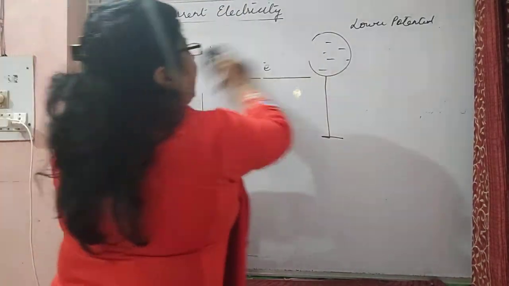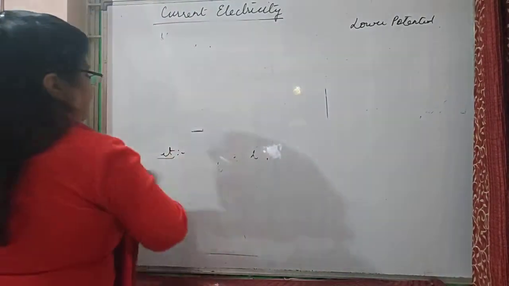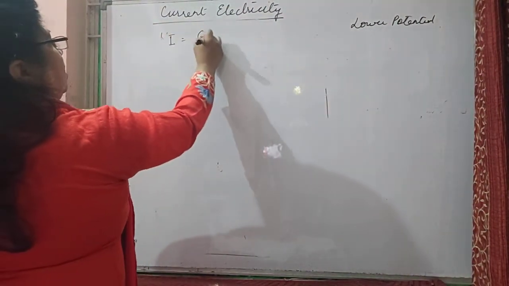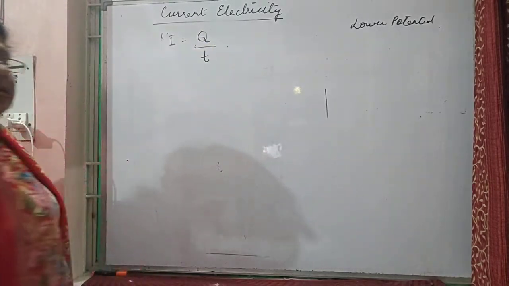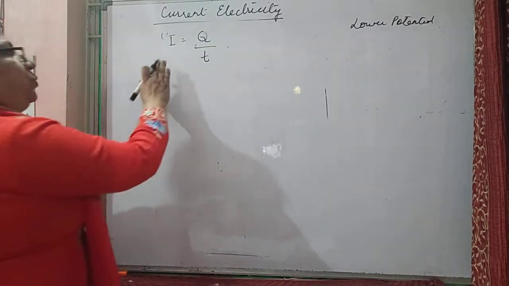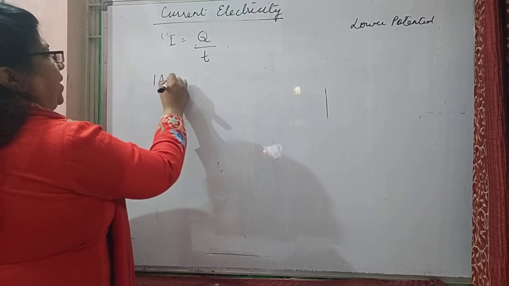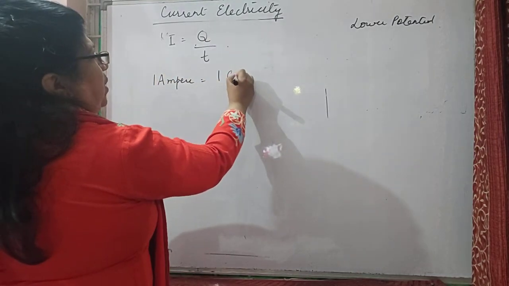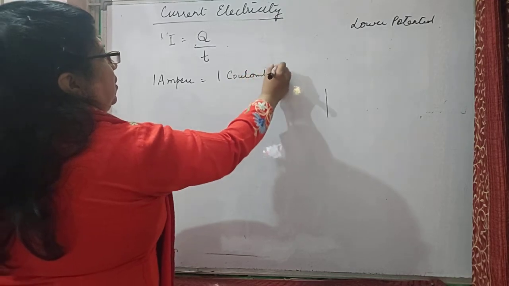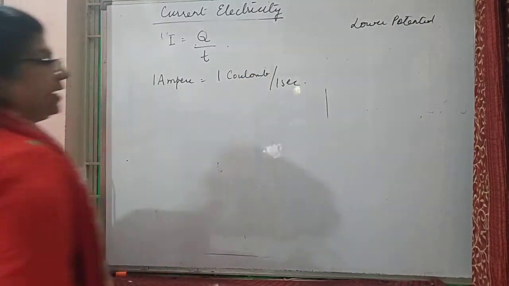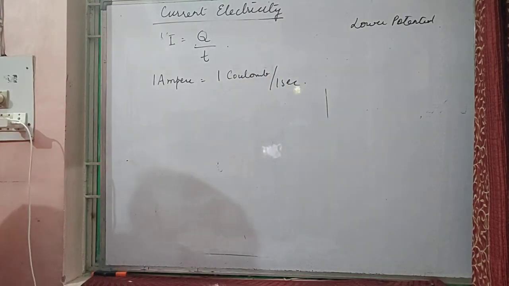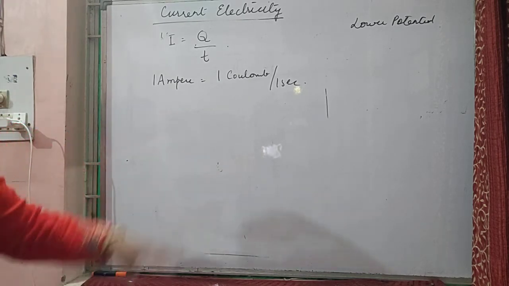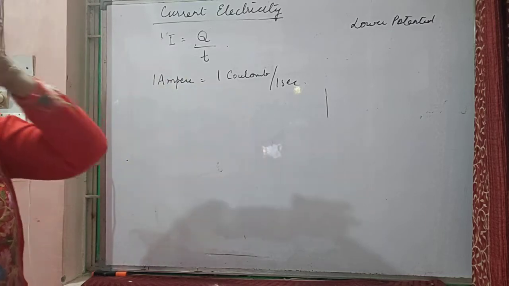So when we write it for current, we write total charge flowing per second. The unit for this is 1 ampere equals 1 coulomb per 1 second. So the SI unit of current is the ampere, which is given by coulomb per second.